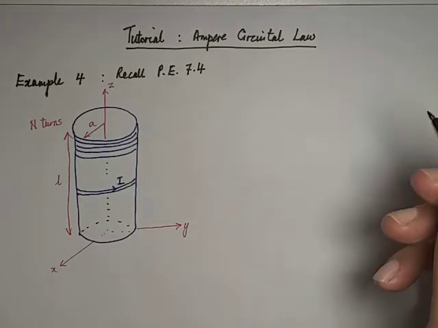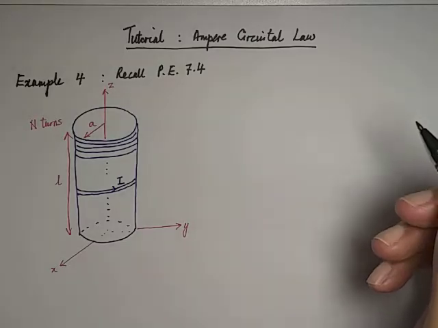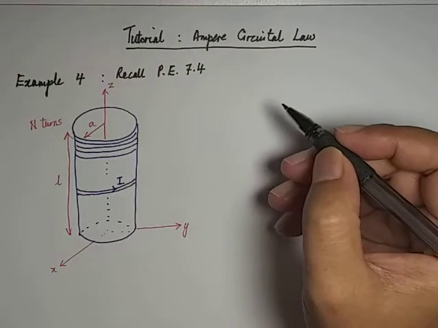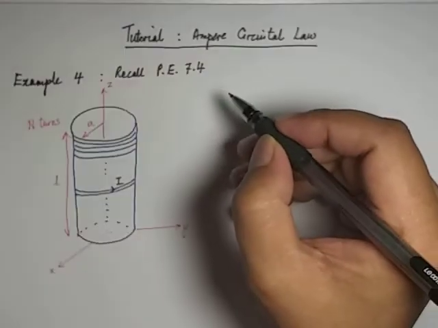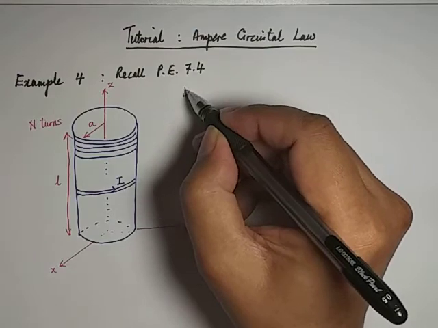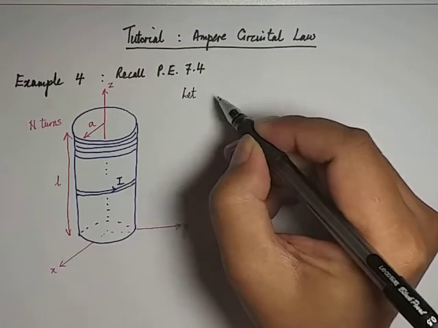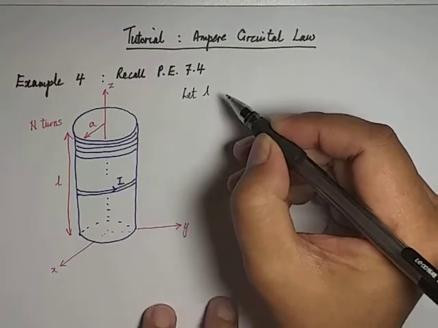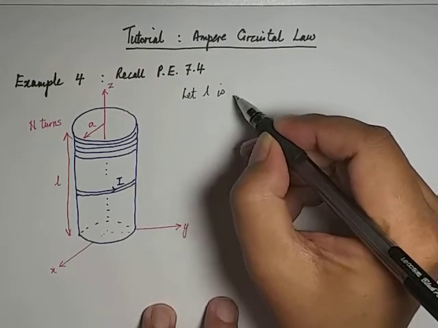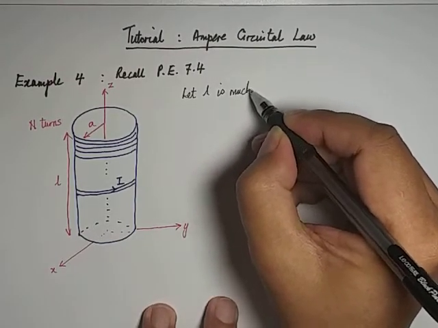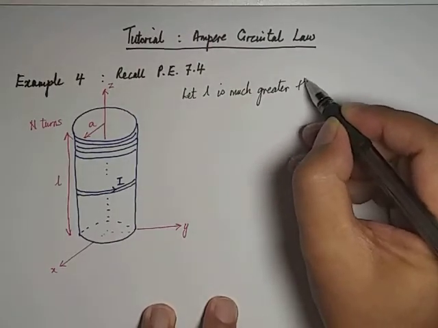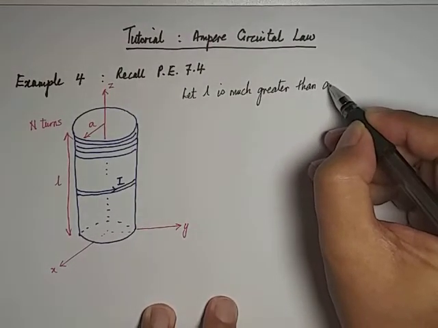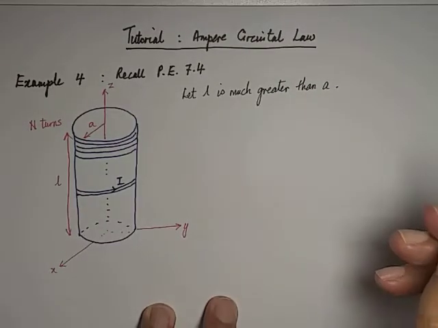We slightly change it so that it's suitable for the application of ACL. So we add this new information. Let L, which is the length of the solenoid, be much greater than A, which is the radius of the solenoid.